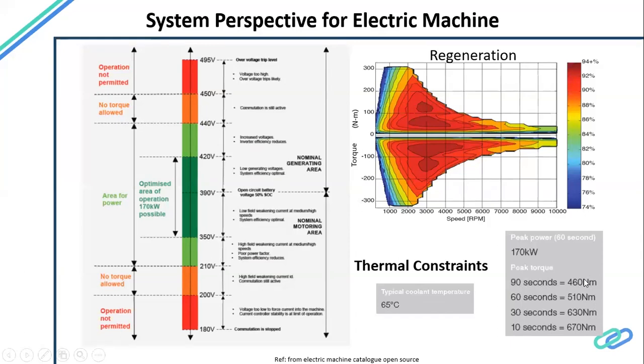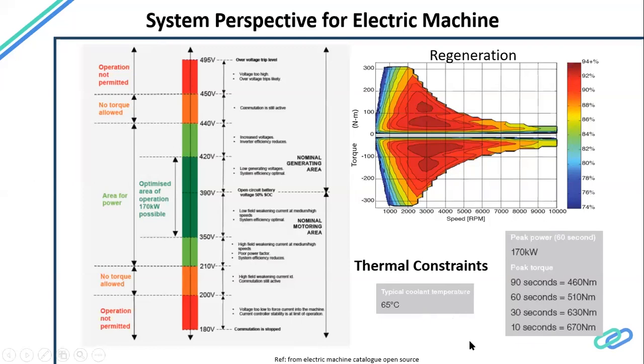So performance is moving towards continuous now. From peak to continuous is very much thermally constrained, so the thermal consideration is a very key element going from peak to continuous.